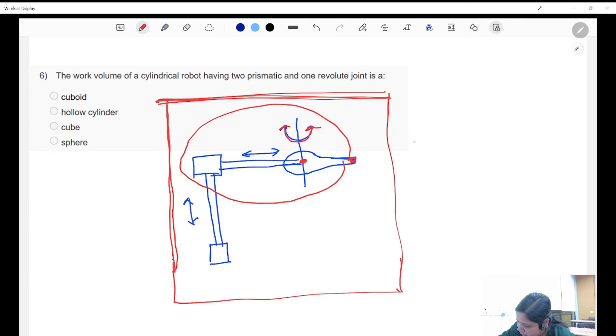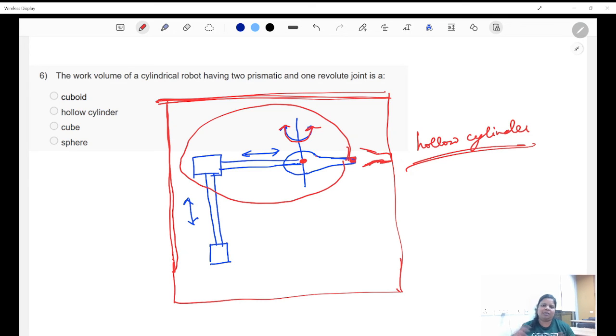So it helps you get a hollow cylinder. Now, one more thing, this cylinder is not limited to just this radius. The end effector can also come here, right? It won't always have to be there. So it can come up until here also, and then it can move. So it is always going to be a hollow cylinder with different variations in dimensions. All right, so this is the correct answer.